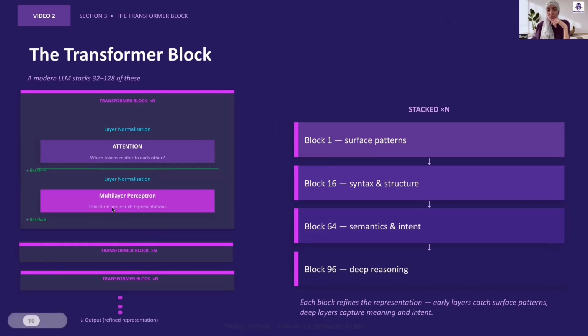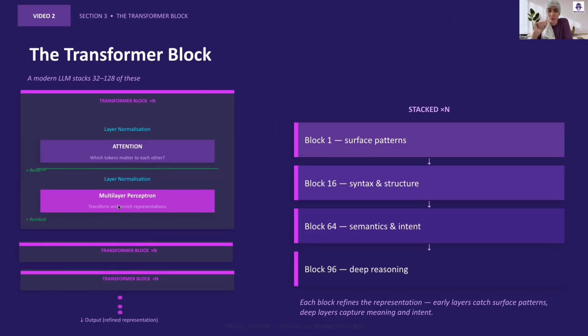Then we have the MLP, the multi-layer perceptron. After attention has identified what's relevant, the MLP processes and transforms that information. If attention is about what to look at, the MLP is about what to do with it.